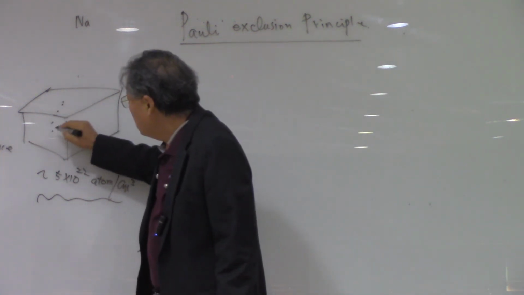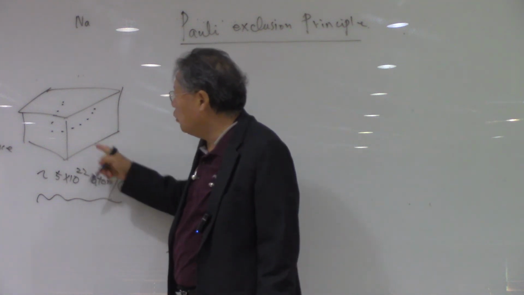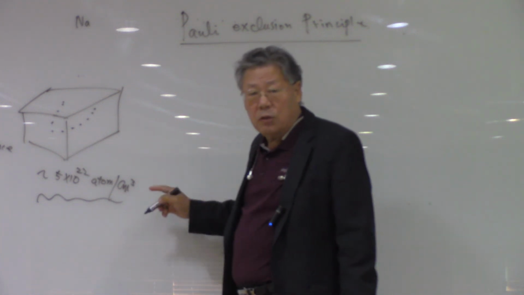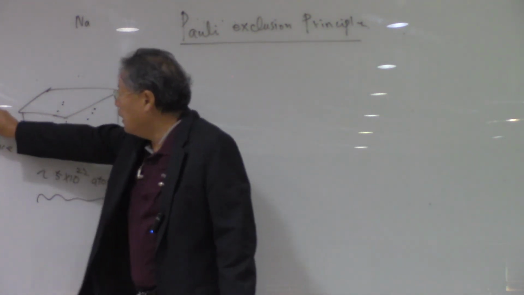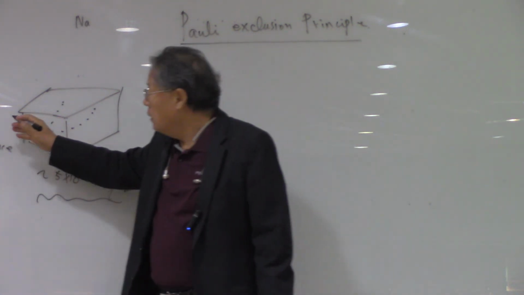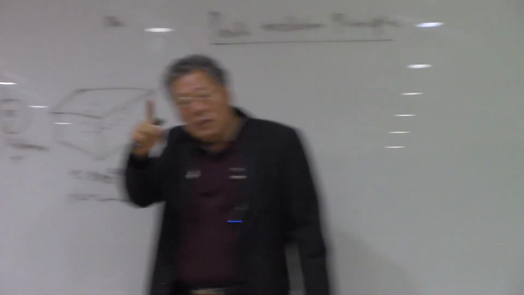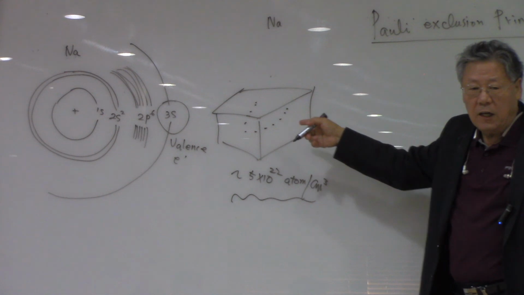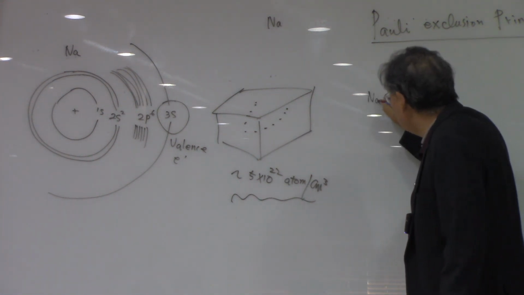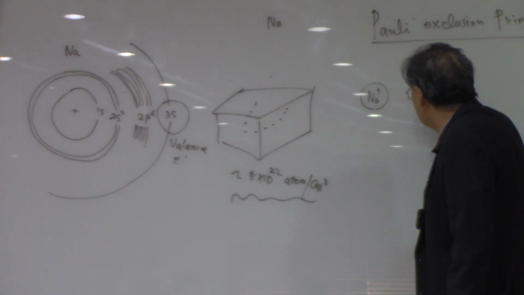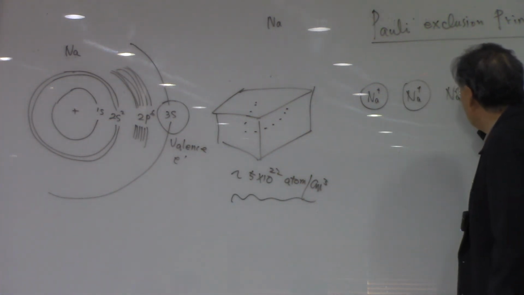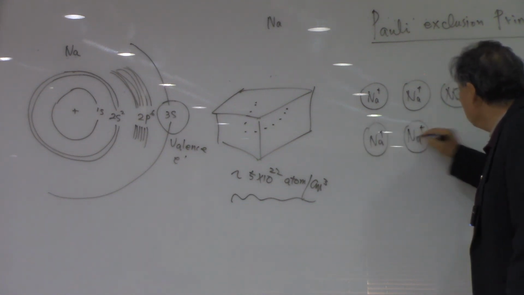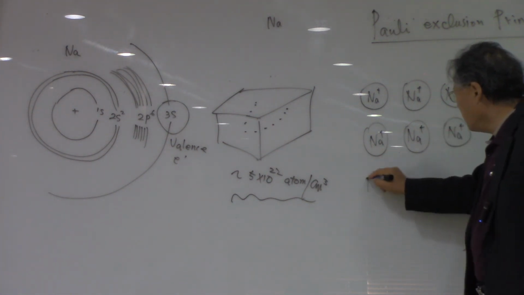We have 5 times 10 to the 22 3s electrons per cubic centimeter. And this 3s electron is no longer confined to one sodium atom. If you look into the solid in detail, this is what it is going to look like: you have sodium atoms in the lattice, something like this.